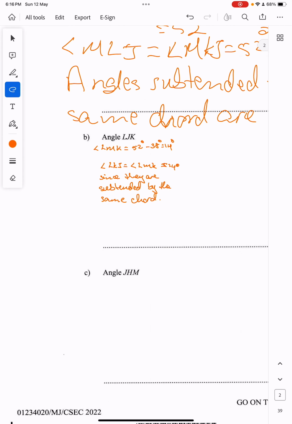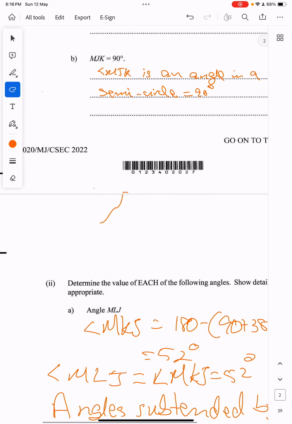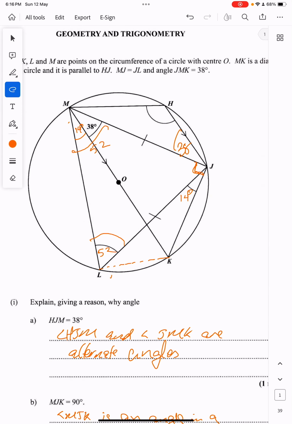And then angle GHM. Let's see where angle GHM is. Okay, so there's a cyclic quadrilateral here.